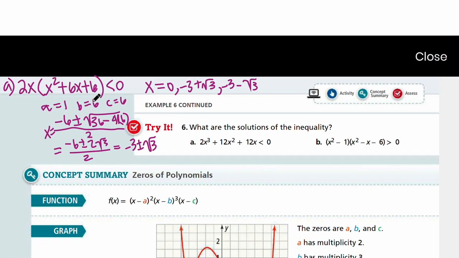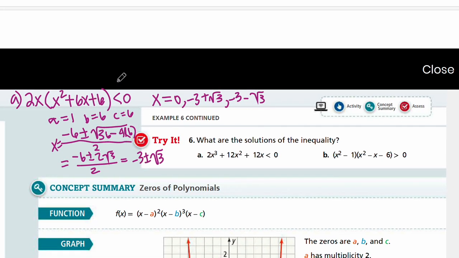So as you're imagining the graph of this function, we have negative 1, we have 0 here, and if negative 1 is here, your negative 3 plus root 3 would be a little bit less than that. And then negative 2, negative 3, negative 4, negative 5. And negative 3 minus root 3 would be a little bit bigger than negative 5.